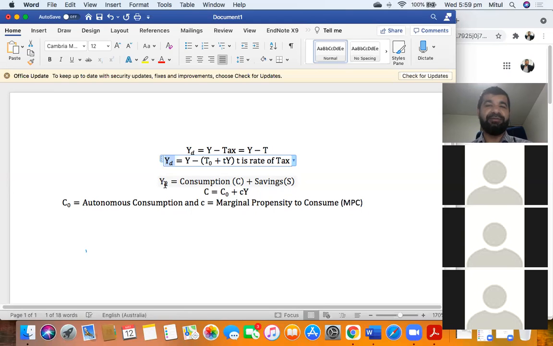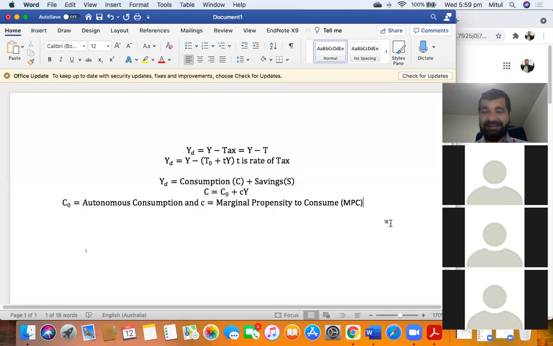That's very normal. But it will increase less than the increase in income, because you are saving a portion from there.